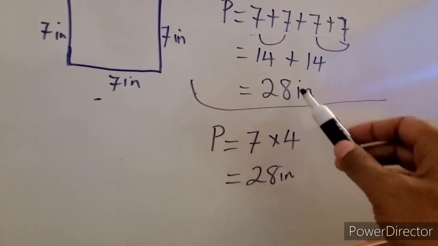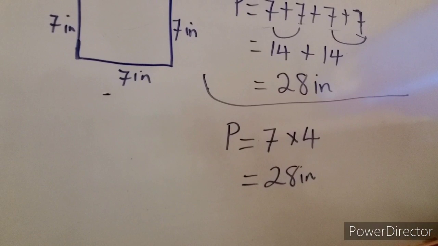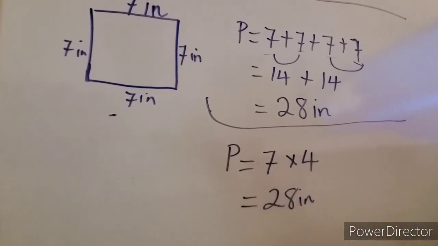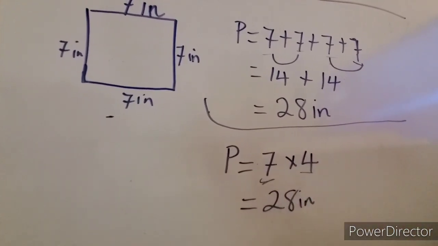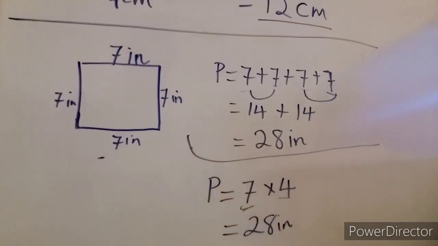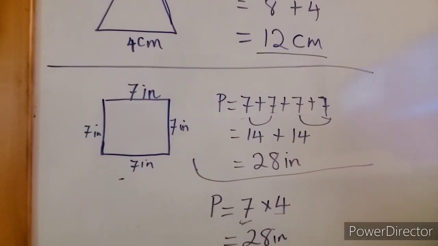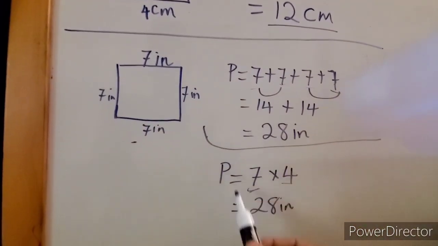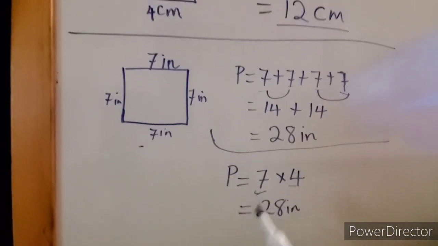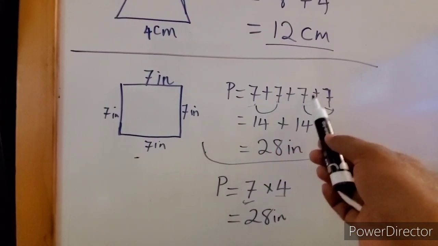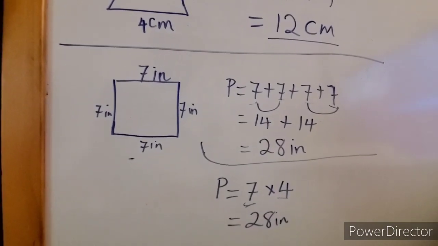Notice we got our 28 inches again because it's a square. So you multiply the side by 4. Okay? That will give you the correct answer, and it's efficient. If you know your multiplication tables already, it's very efficient instead of adding 7 plus 7 plus 7 plus 7.